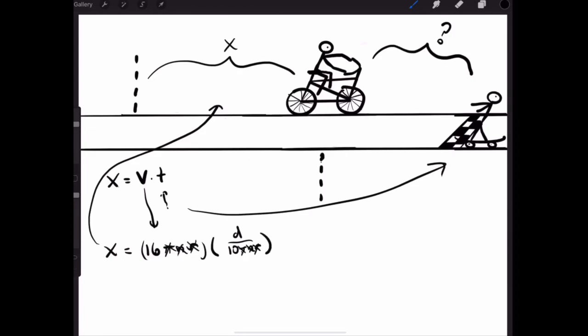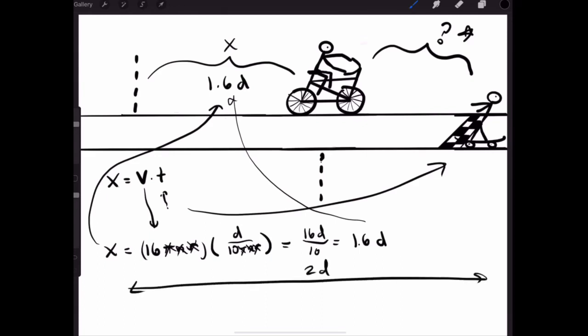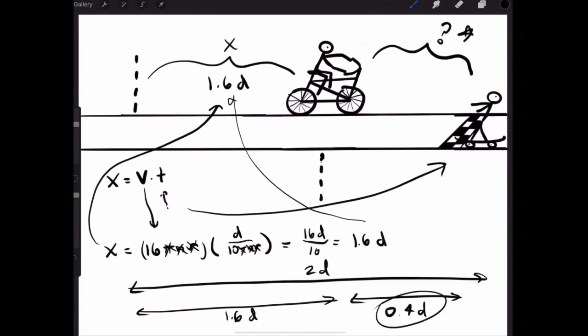So if we plug these in, we end up with 16d over 10, or 1.6d. So we know that the biker in this time went 1.6d, not quite 2d. The total distance was 2d. The distance he went was 1.6d, so that means he's 0.4d behind.